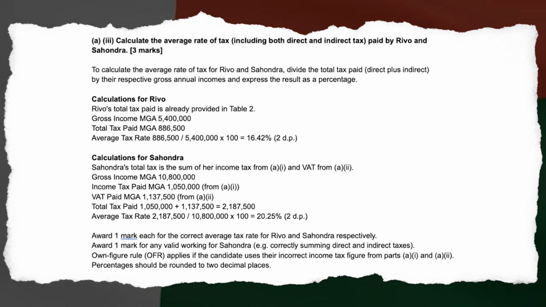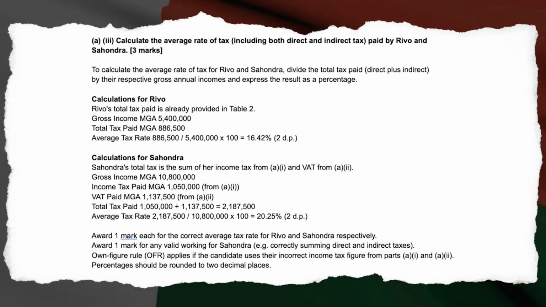Calculations for Sahandra. Sahandra's total tax is the sum of her income tax from A1 and VAT from A2. Gross income, MGA, 10,800,000. Income tax paid, MGA, 1,050,000 from A1. VAT paid, MGA, 1,137,500 from A2.